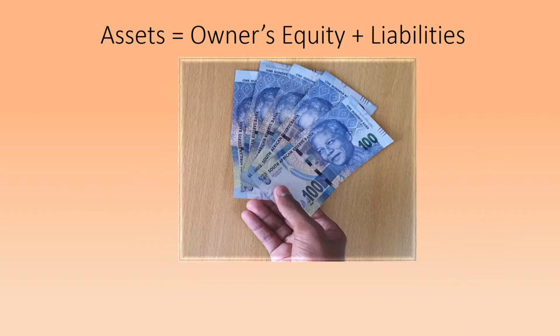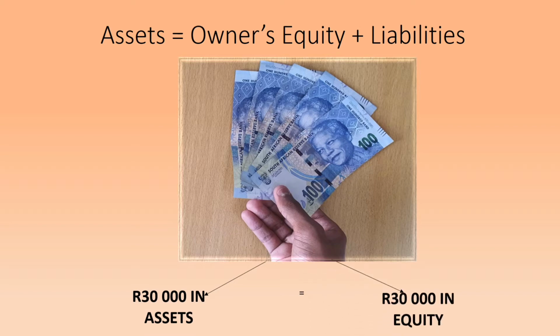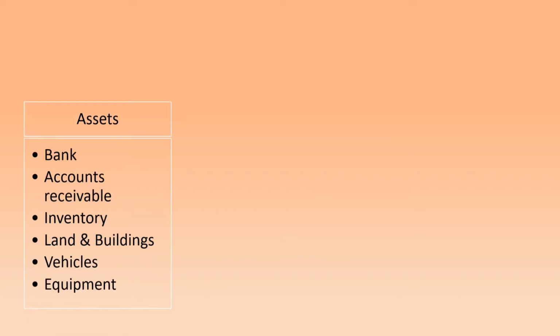So the 30,000 that your business has is called an asset, and the 30,000 it owes you is called owner's equity. See, the equation balances as assets equals owner's equity plus liabilities. Assets include items like bank, accounts receivable, inventory, land and buildings, vehicles, and equipment.